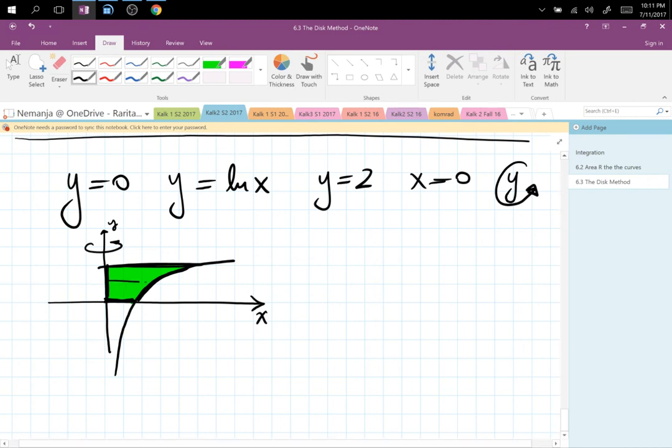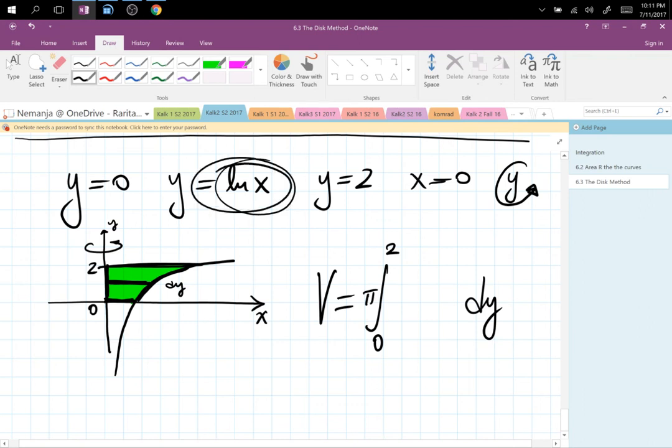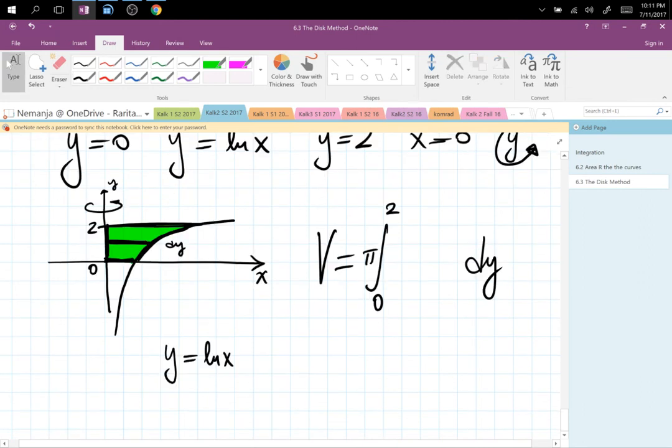As soon as it's a y rotation, it must be dy. We see the limits are 0 to 2, so volume has to be pi integral 0 to 2, but since I am using dy, I cannot put ln x there. So I have to take the function and solve it for x, which means e to both sides, and from there x is equal to e to the y. So that's the one that goes in here.